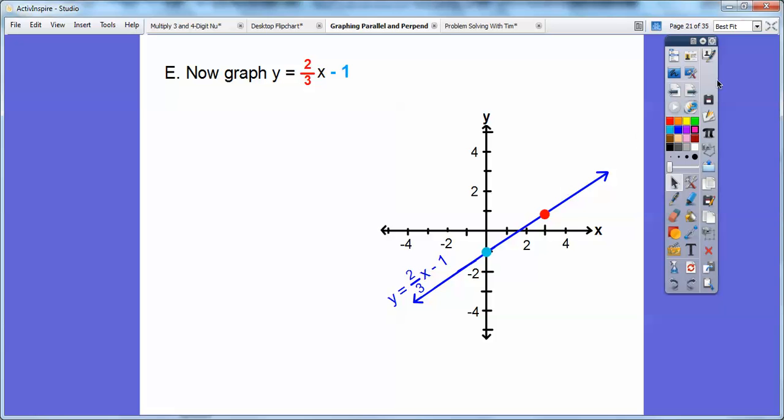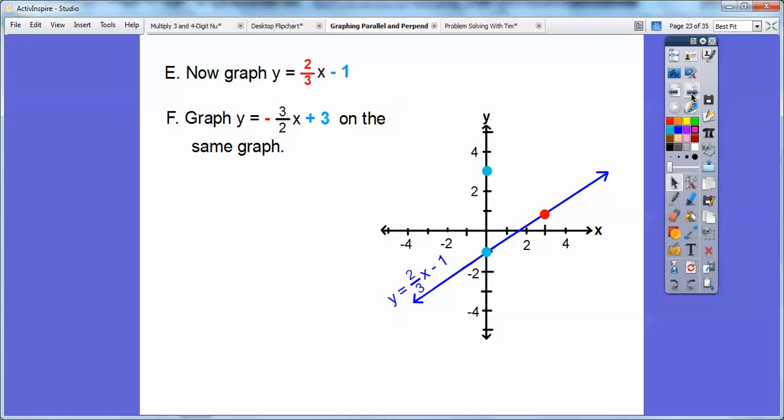So let's graph another line. Let's graph y equals negative 3/2 x plus 3. First I'm going to do this y-intercept, a plus 3 right there. These ones aren't going to be parallel.